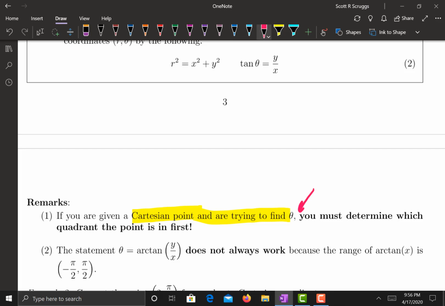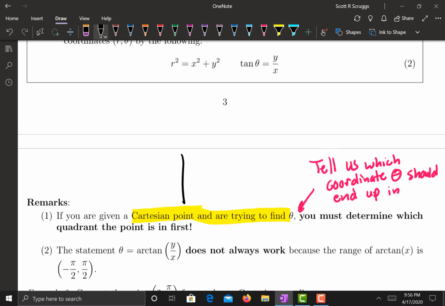And the reason why I recommend that is this is going to tell us which quadrant my angle should end up in. So for example, let's say I'm back in my Cartesian coordinate and I'm given the point -1, -1.